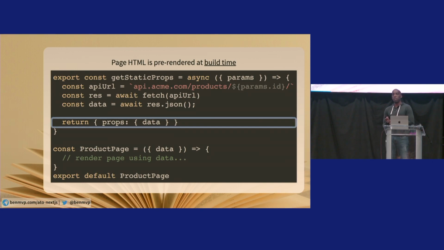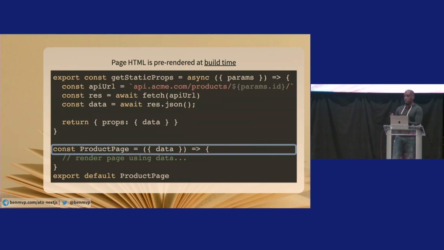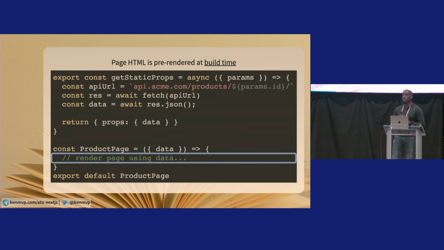Just like with getServerSideProps, getStaticProps returns back whatever props we want to use to render. So we get that data, return it as props, and then lastly, the page will be rendered, however we want to render it based upon our UI.